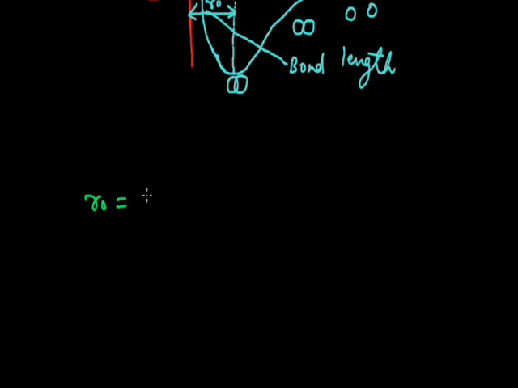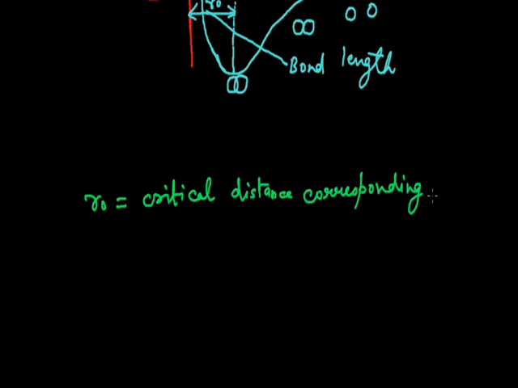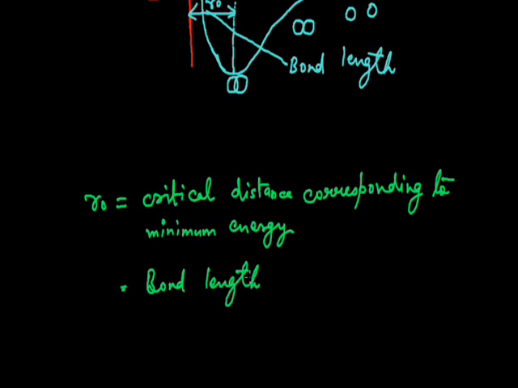This R0 is also known as critical distance, corresponding to minimum energy state. This is the bond length of the molecule.